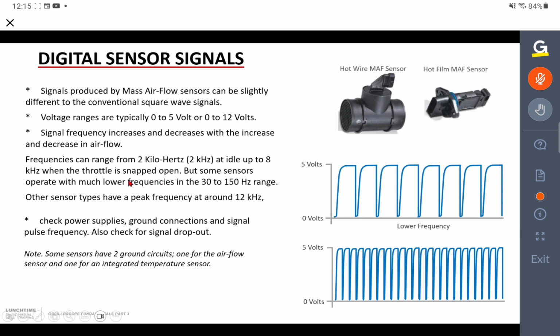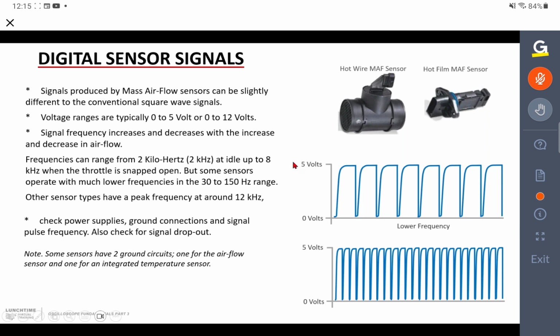And what we're then looking for, again, as we increase and decrease the airflow going into the engine, we're looking at frequencies on many of them about 2000 hertz, 2 kilohertz when the engine is at idle. So that's with low airflow going into the engine. And it will increase up to round about 8 kilohertz, 8000 hertz, when the throttle is snapped open.